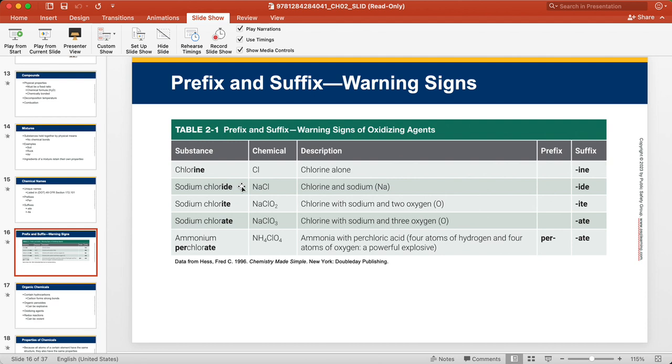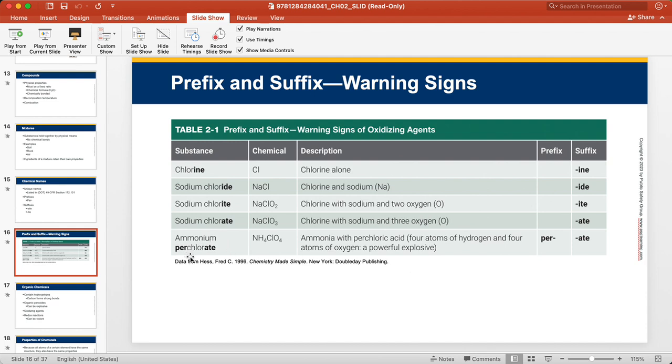Sodium chlorite, you'll notice that it's got an oxygen molecule attached to it, so it's NaCl and then NaClO2. So it's chlorine with sodium and two oxygen molecules on it, turns it into an ITE. Sodium chlorate is sodium chloride and then O3. So that's got that 3 oxygen component on it, which is ATE.